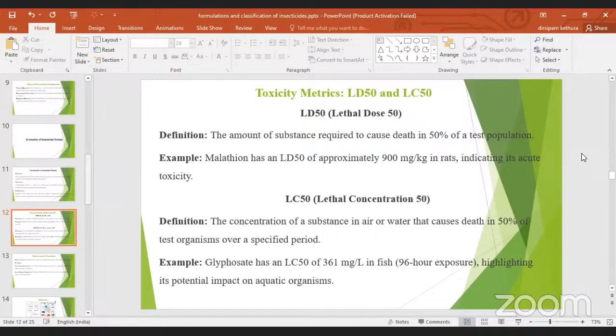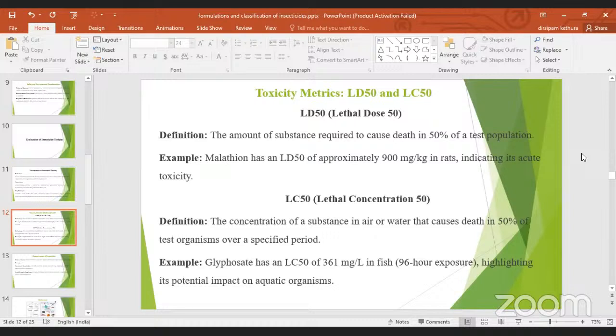Without our knowledge, we should not use a higher concentration. LD stands for lethal dose. LC stands for lethal concentration. What is lethal dose? LD50: the amount of substance required to cause death in 50% of a test population is called lethal dose 50. We are talking about the toxicity metrics here.